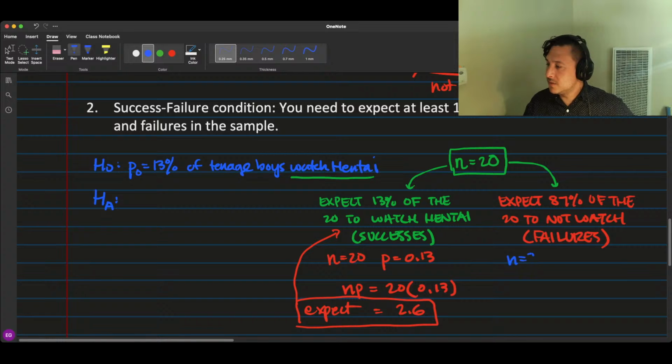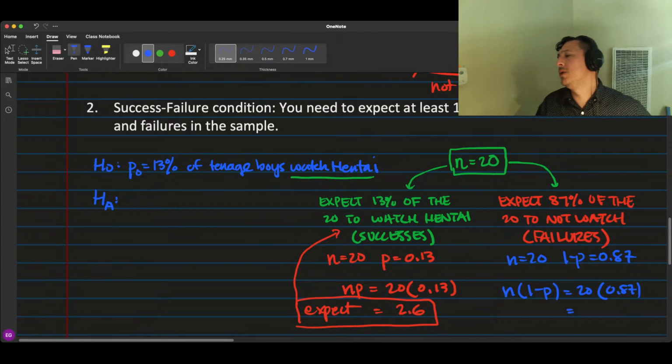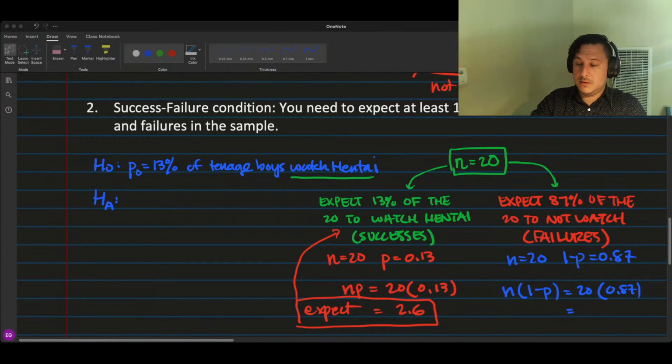Likewise, you have 20 guys, and the rate of failures is 0.87. So the number of failures that you expect would be n times 1 minus p, which is 20 times 0.87, which is, I'm putting it in the calculator, 17.4 of them.